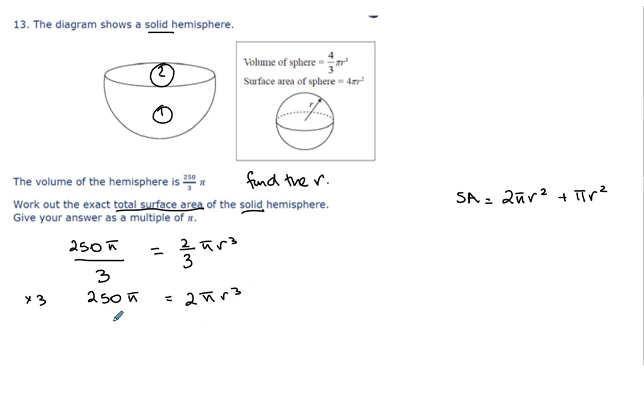Okay, we can take away the pi's, so divide by pi. So you've got 250 equals 2r cubed, divided by 2, so you've got 125 equals r cubed, and now if you cube root it, r will be the cube root of 125, which is 5.